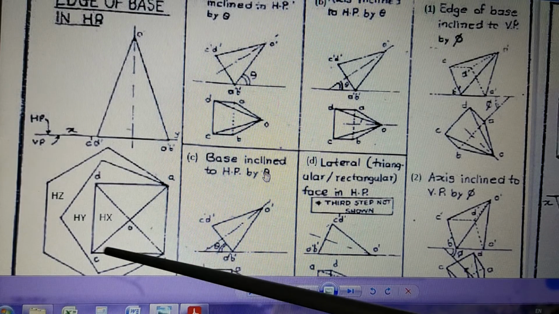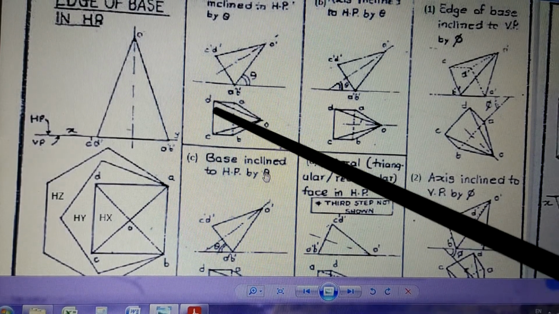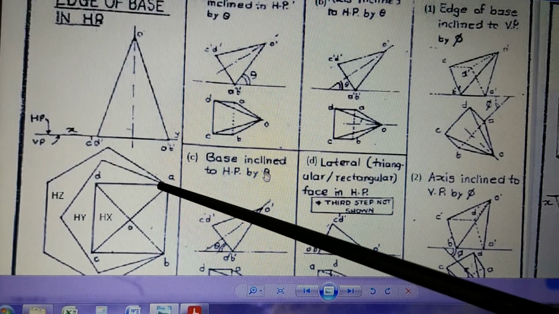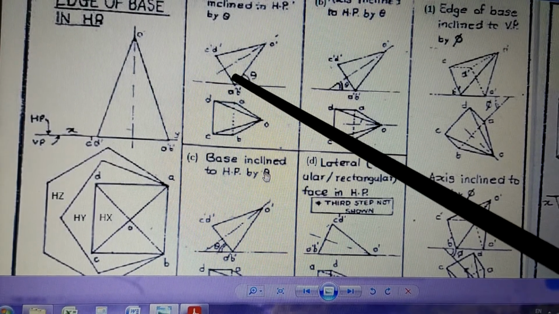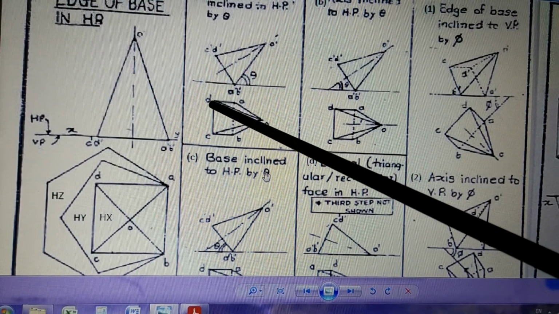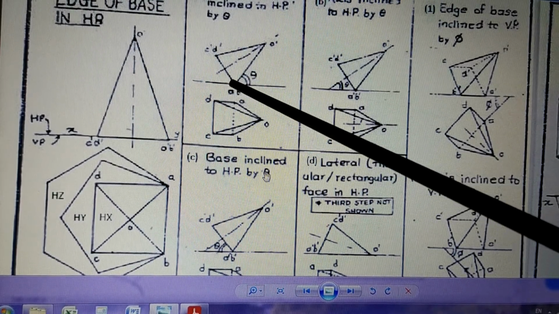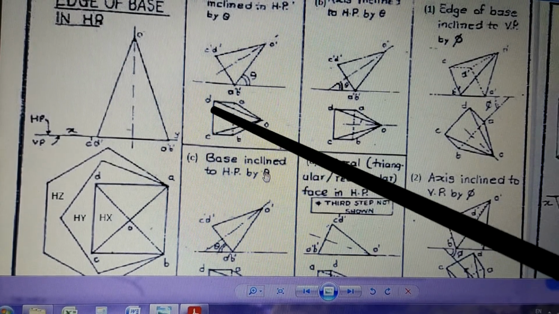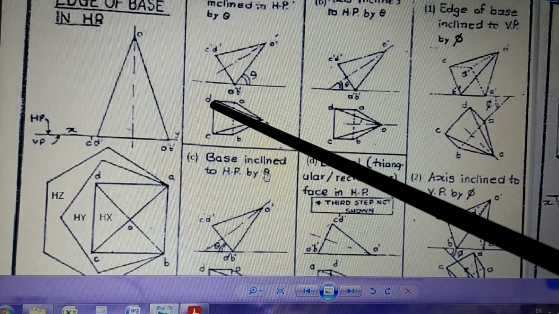Suppose it is 40 by 40 by 40, then this will still be 40, this will still be 40, but this side is now inclined. So because it is inclined, when you see from top, it will not be seen as 40, it will be seen this much, fitted between these two vertical lines. So this becomes the revised shape of the square. So the base is seen like this.